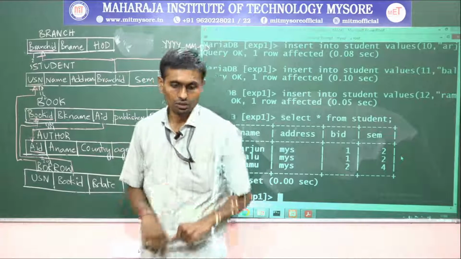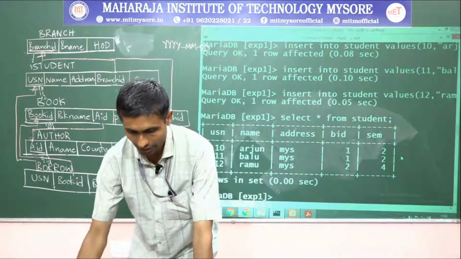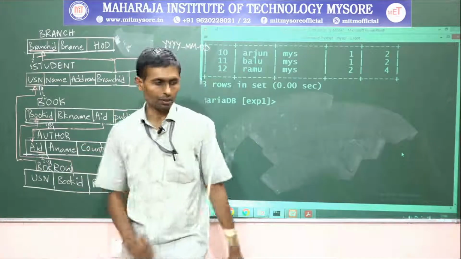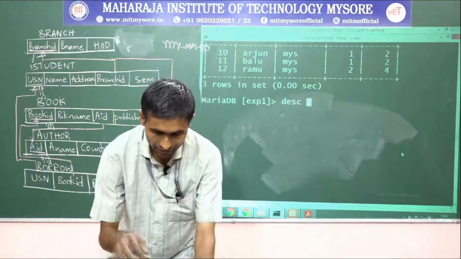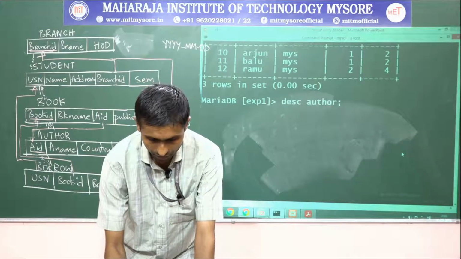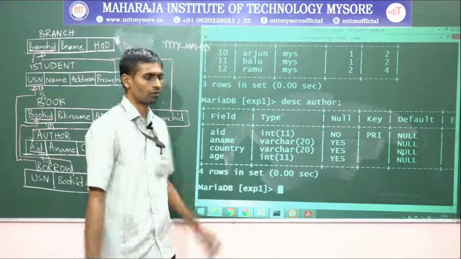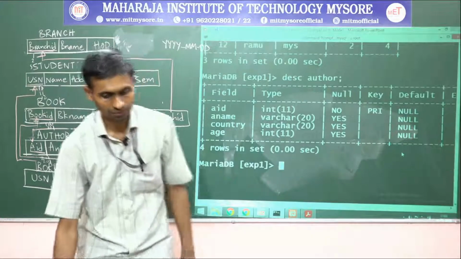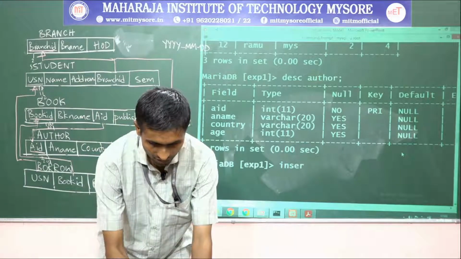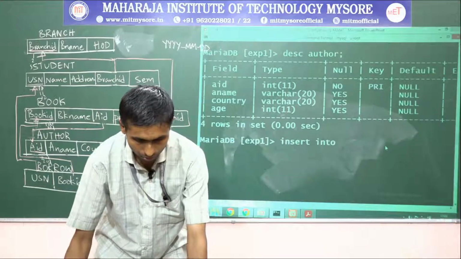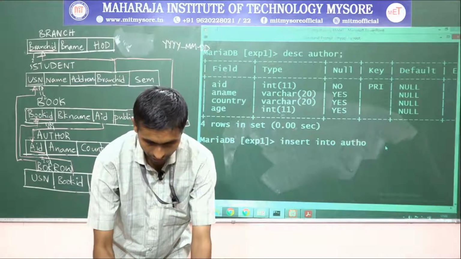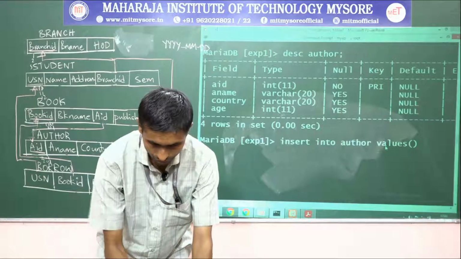So let me go with inserting a value for the author table. Yes, done. These are the attributes of the author table. Describe author, we did. Then insert into author values.